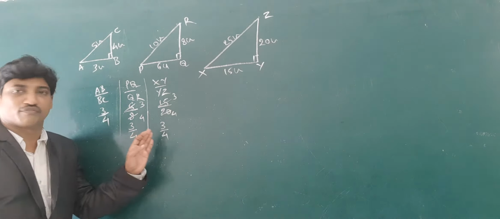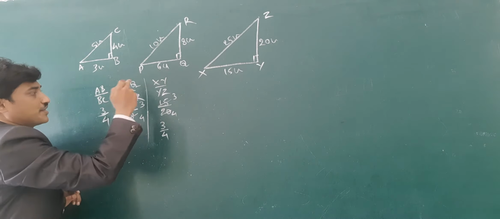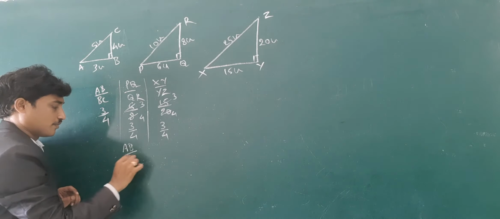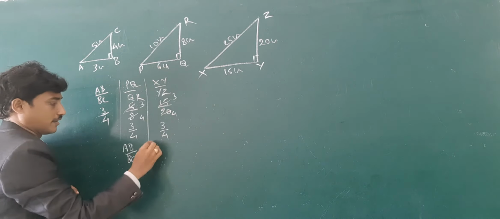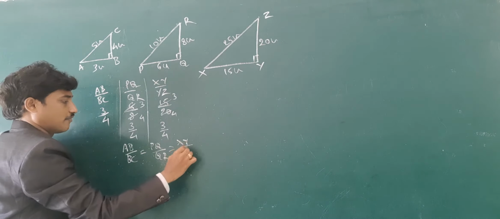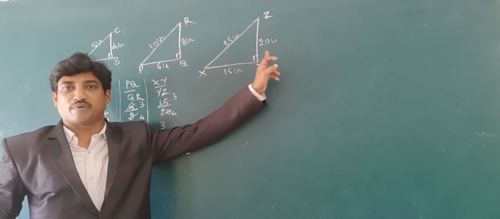From this we can observe AB by BC equal to PQ by QR equal to XY by YZ.